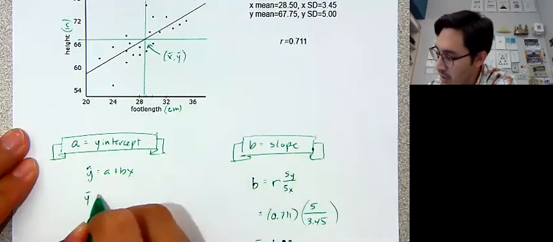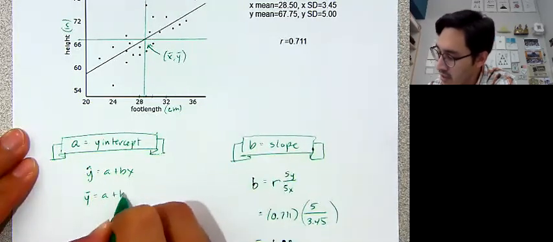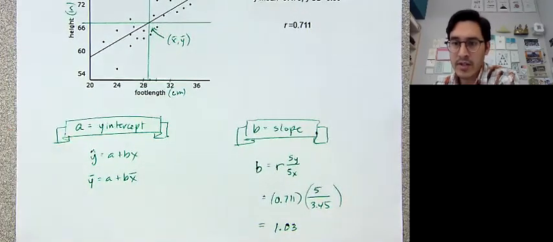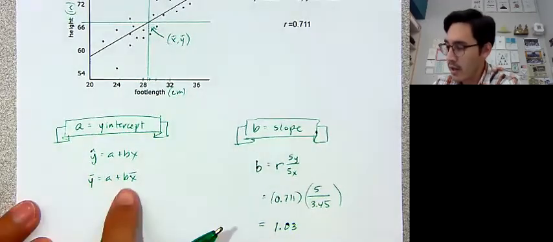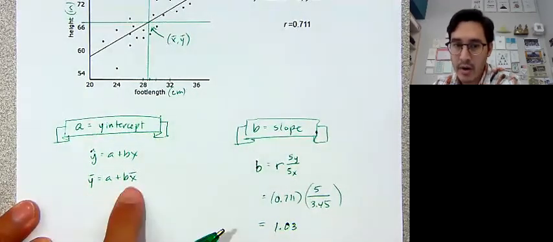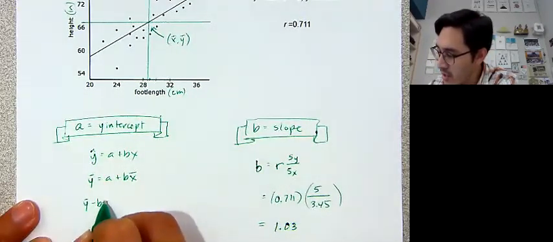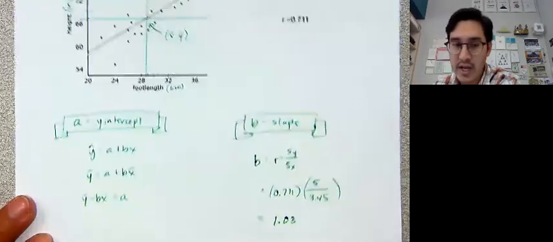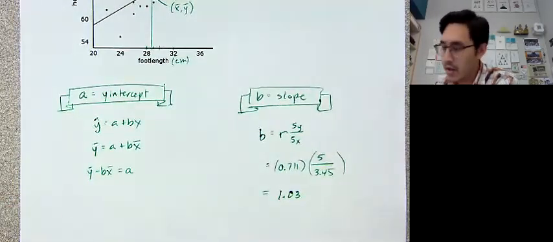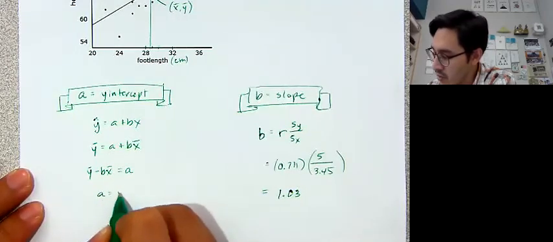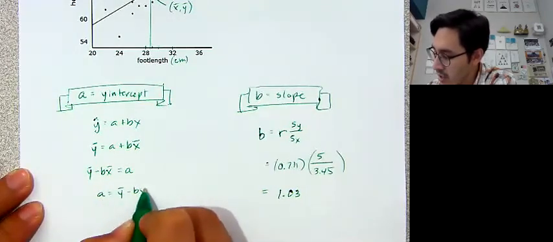So we get y bar equals a plus b times x bar. I'm not substituting any numbers just yet. I'm going to manipulate the equation to isolate the variable a. If we subtract b x bar from both sides, we get y bar minus b x bar equals a, and then I'm just going to change the order of those expressions: a equals y bar minus b x bar.